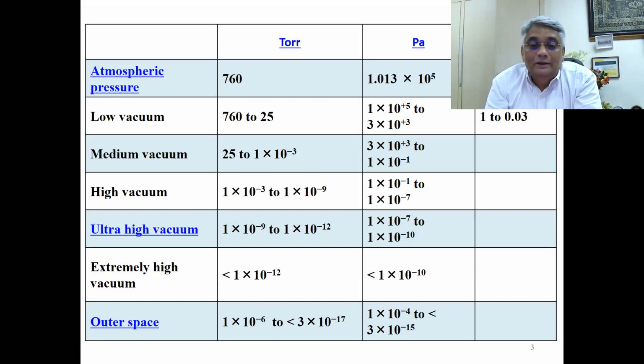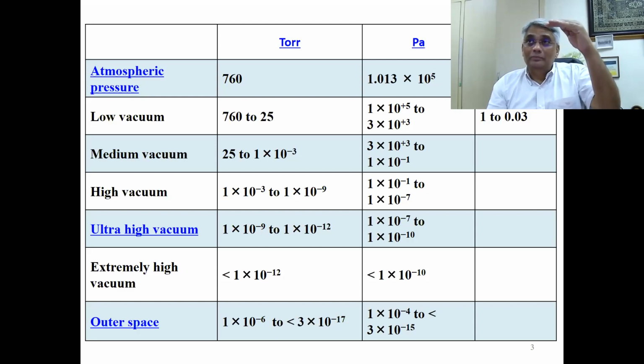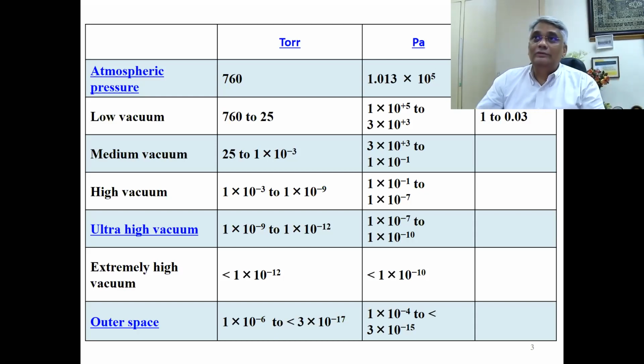If you make a quick conversion, it's about a few millitorr, and 0.03 pascals is about 3 microbars. Look, from 100 kilometers above ground level itself, you have a pressure of just a few microbars.